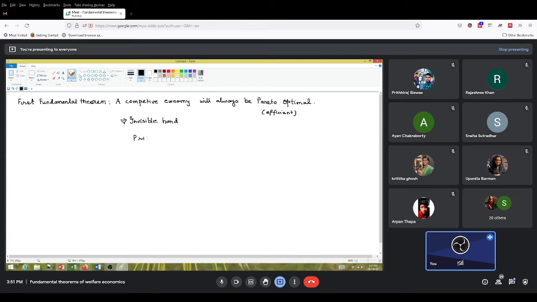So basically what Adam Smith had suggested but not proved was that the price system coordinates actions of self-seeking agents to ensure an efficient equilibrium.